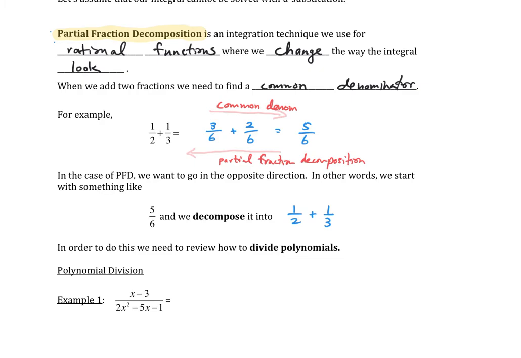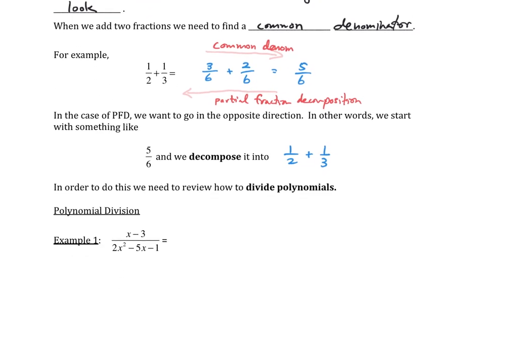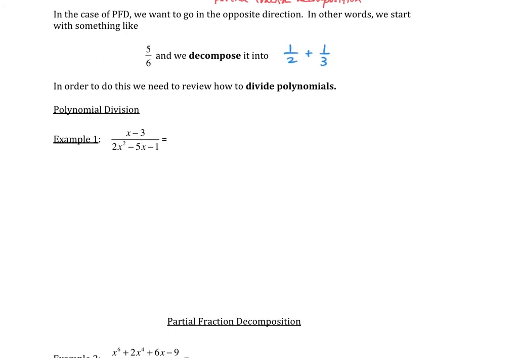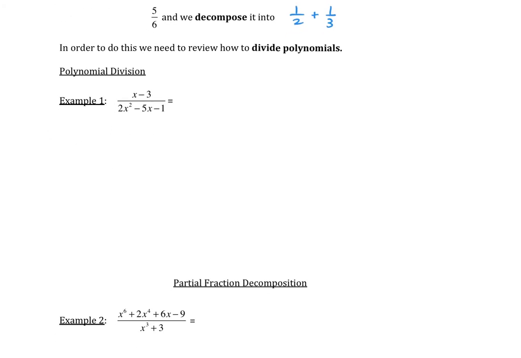So in order to really accomplish this, before we even get started with partial fraction decomposition, we really need to review how to divide polynomials. So I guess the first thing to know is, when do we need to divide our polynomials? Well, let's take a look at this situation over here. When I look at the degree of the numerator, n is equal to 1, and the degree of the denominator, m, is equal to 2.